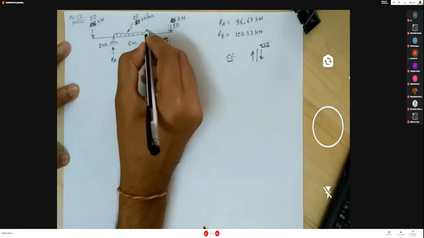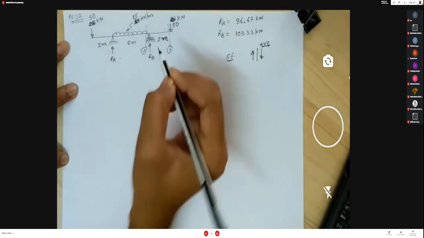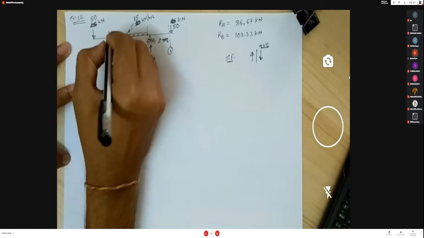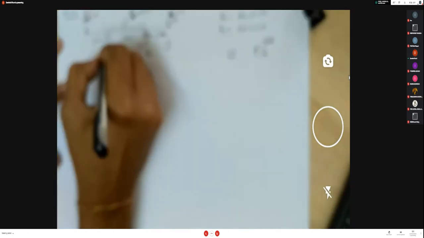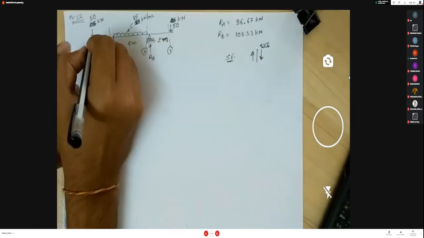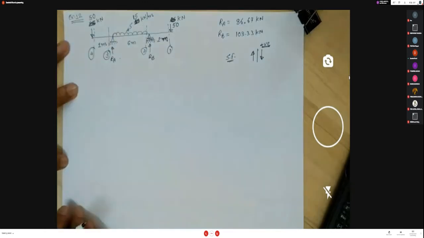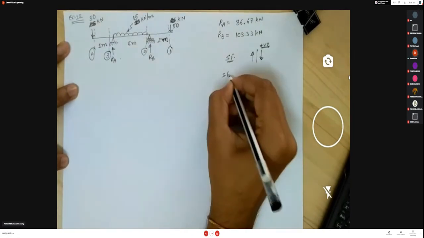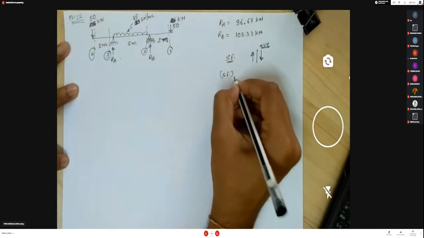Just left of this reaction is section 2. Just left of this point A is 3, and just right of this is section 4.